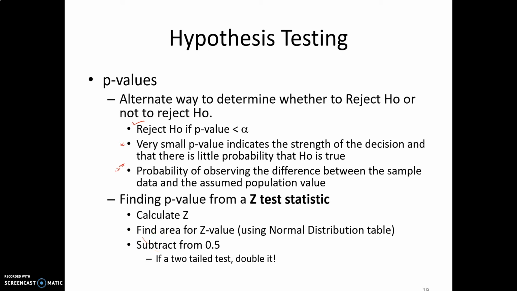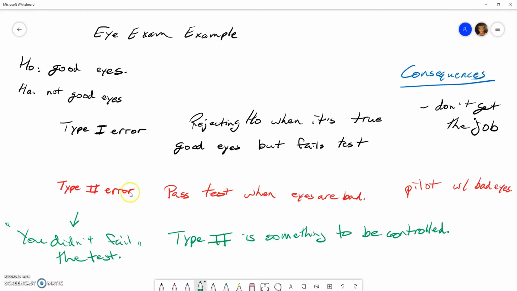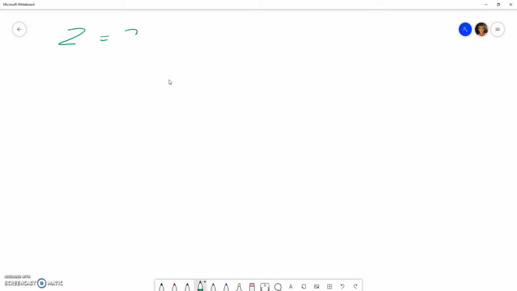So let's go over here. Let's assume, as the question states, that we have calculated a test statistic. Test statistic equals 2.19. Remember, that comes from the formula that we've taken up previously.